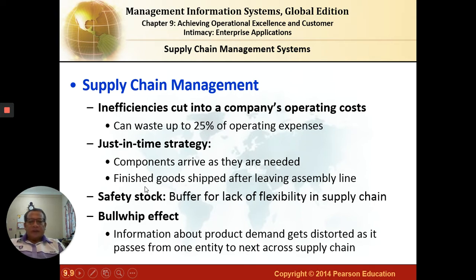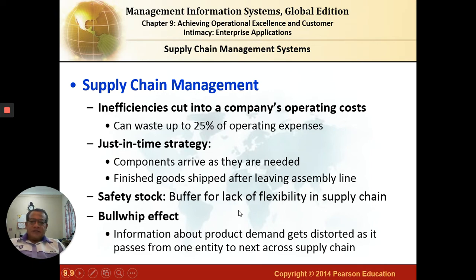And finished goods, upon completion, will be supplied to customers immediately, because all the systems are centralized into a single system named supply chain management. And there is no need for safety stock or buffer stock. So in such a way, it will eliminate waste.